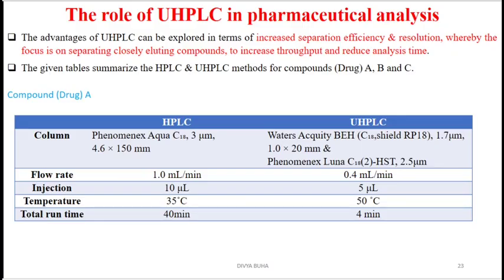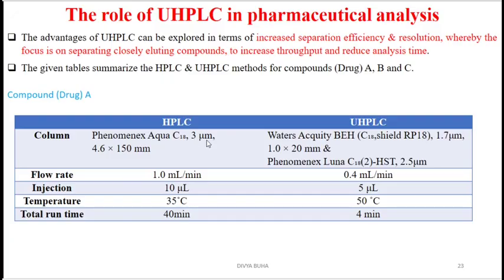And the mobile phase, which would be used for the separation, would also be polar. So most of the drugs are organic compounds, and we know that organic compounds are polar in nature, right? So they can be well separated by using the reverse phase chromatographic technique, where the stationary phase would be non-polar and the mobile phase, which would be used for the separation, would be polar in nature.